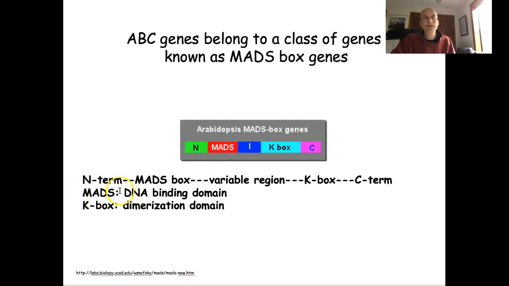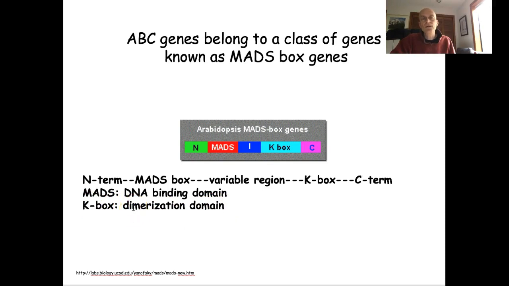The domain that makes up the MADS box is a sequence that is known to have a function in DNA binding. These proteins that have this particular amino acid structure have often been found in transcription factors that bind DNA, and that is the region of the protein that binds to the DNA. And the K box is a dimerization domain.